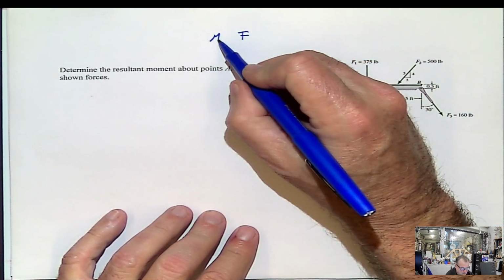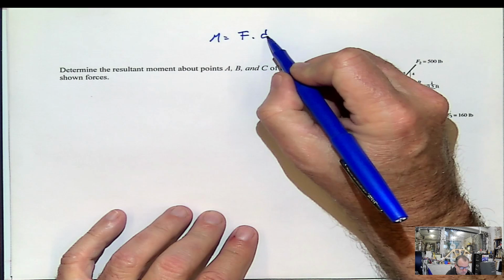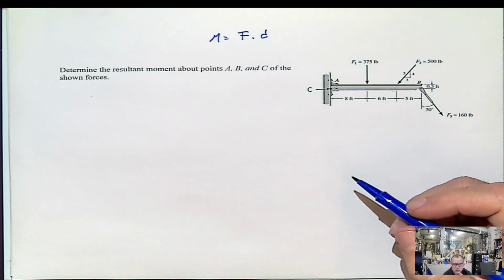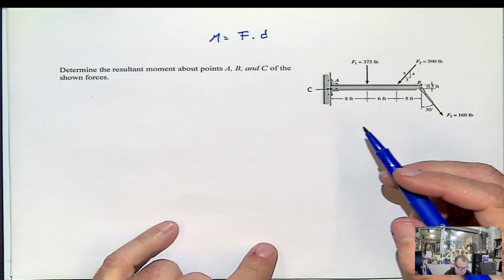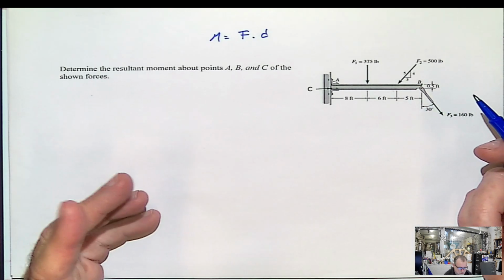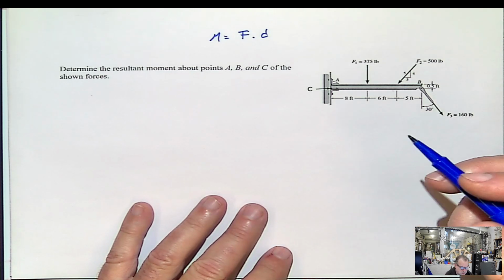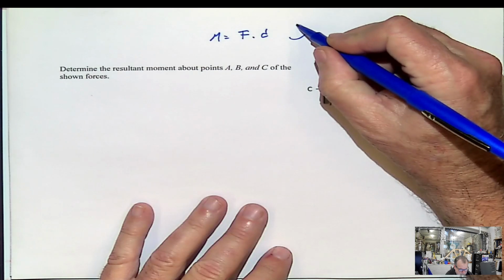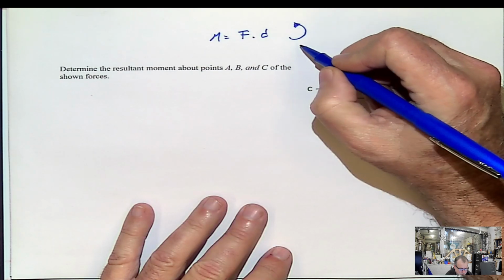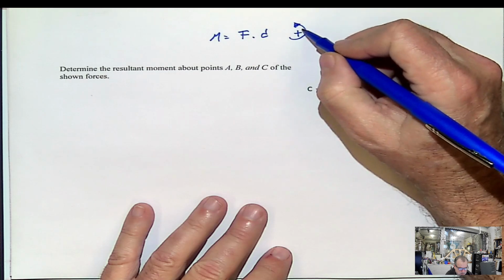So moment is equal to force times distance in the scalar formulation, and this is what we are going to do. One very important thing here is the rotation, the direction. So we're going to assign a direction of rotation for that moment, and we're going to say that everything that rotates counterclockwise is positive.